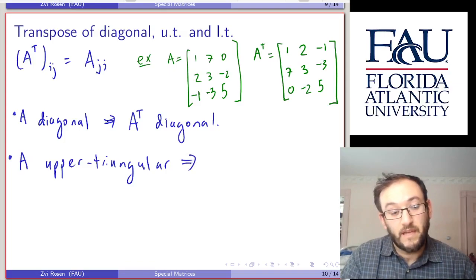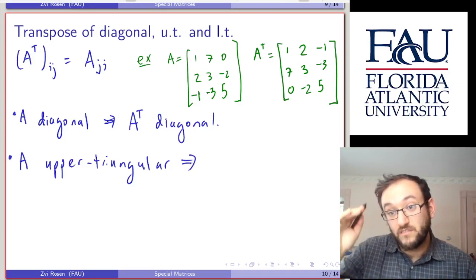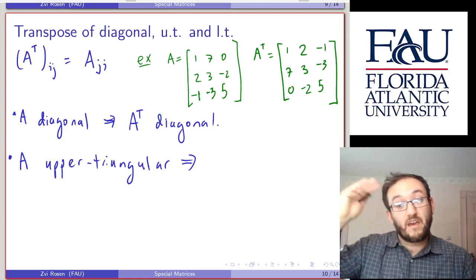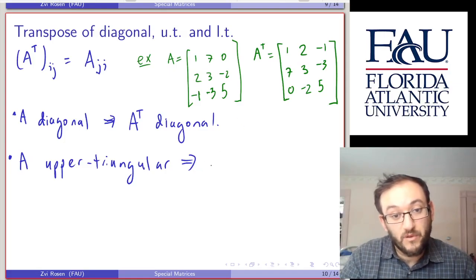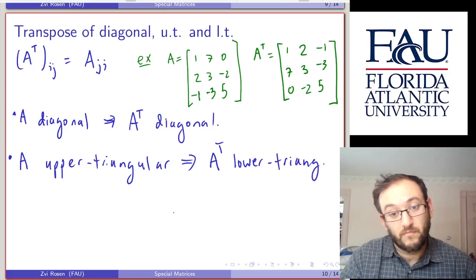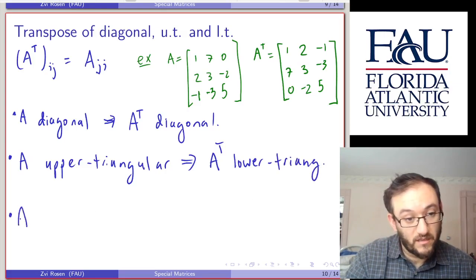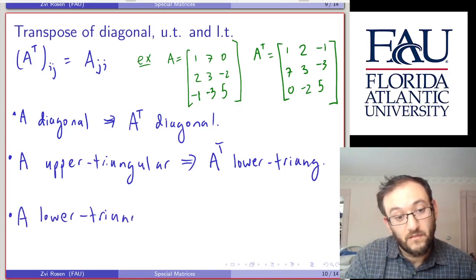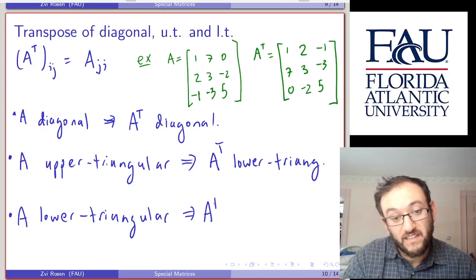So similarly, everything below goes above. Since all of the entries below the diagonal are 0, that means everything above the diagonal now is 0 in A transpose. So that means that A transpose is lower triangular. And similarly, if A is lower triangular, after you reflect across the diagonal, we find that A transpose is upper triangular.